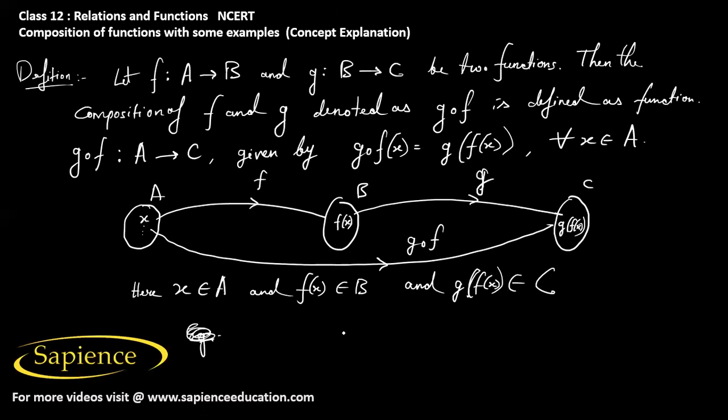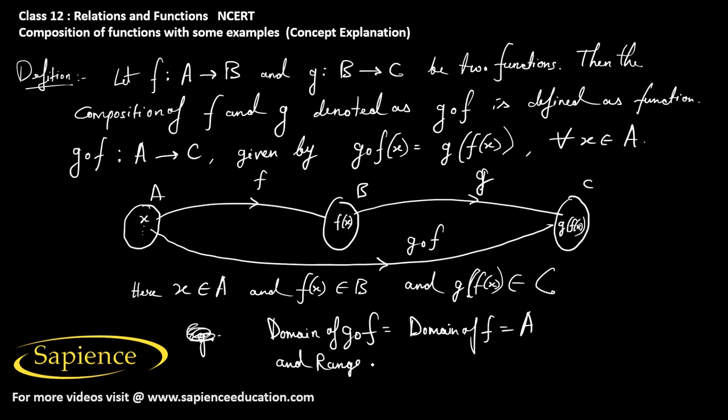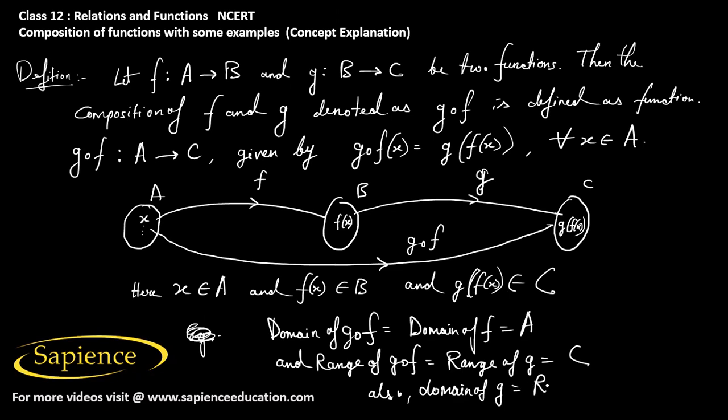Here also we can see that the domain of g of f is same as the domain of f, which is the set A. And the range of g of f will be same as the range of the function g, which is equal to C. And also the domain of the function g should be same as the range of the function f, which is equal to B here.